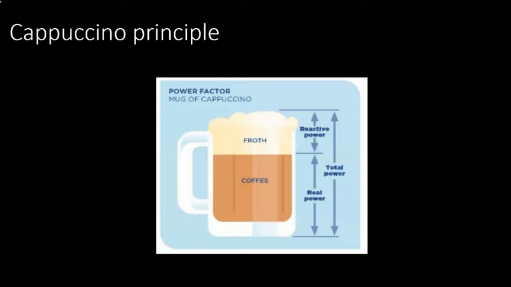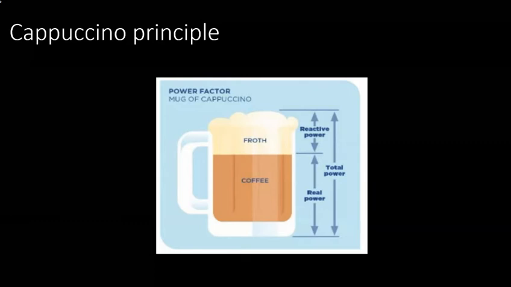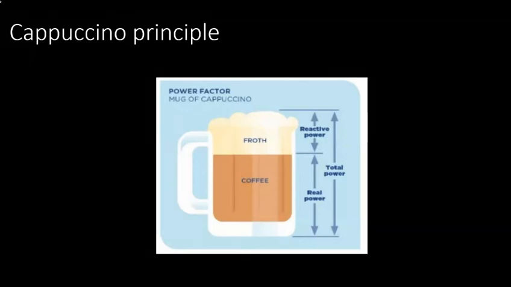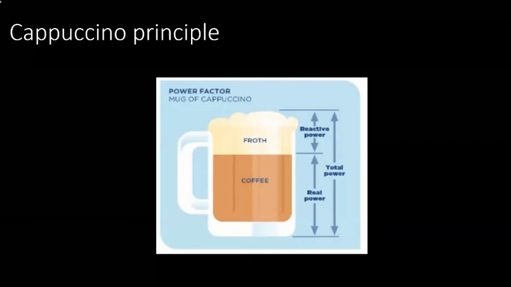And you'd agree that for people who love cappuccino, and I'm a great fan of cappuccino, you really do not enjoy the full taste of the coffee without some level of froth in it. What that means is that you cannot really eliminate reactive power completely. You can minimize it as much as possible, but in theory, there will always be some level of reactive power as a component in the power factor.